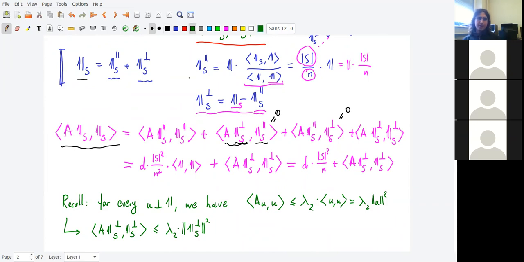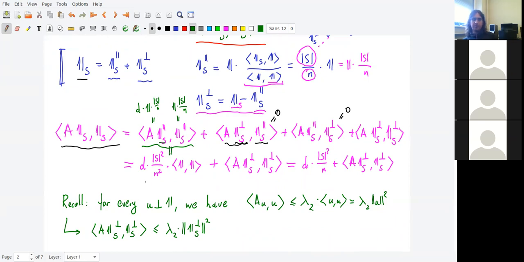So now this animal is also quite easy to understand, because this is just 1 times the size of S over n. And the same here. This is 1 times the size of S over n, meaning this vector here is this, and applying A to it just multiplies by D, because again the vector of all ones is an eigenvector of eigenvalue D. So now I can rewrite it like that.